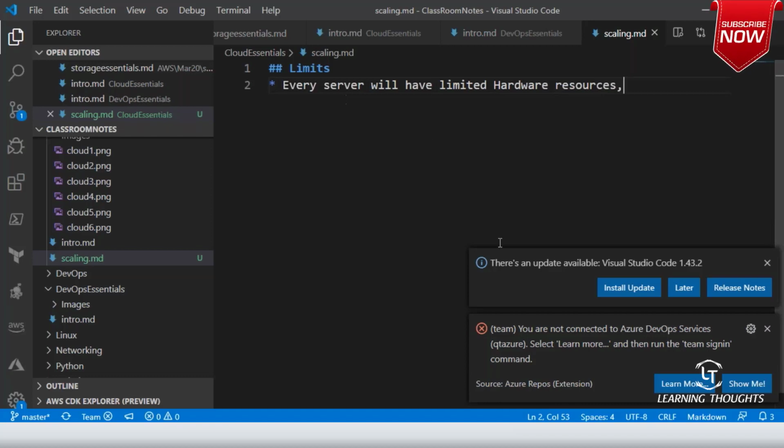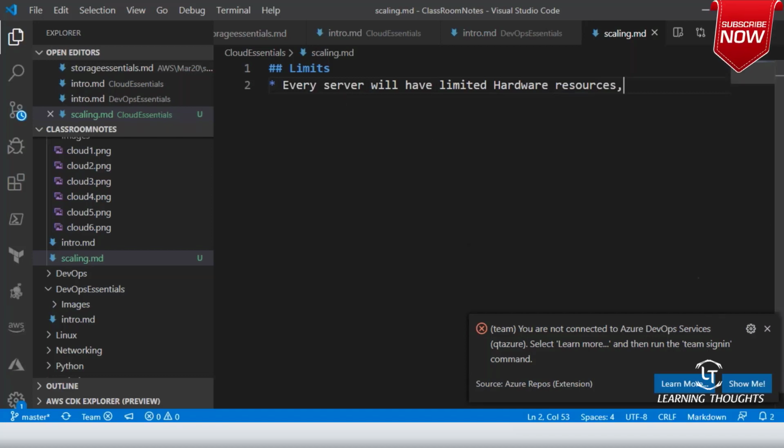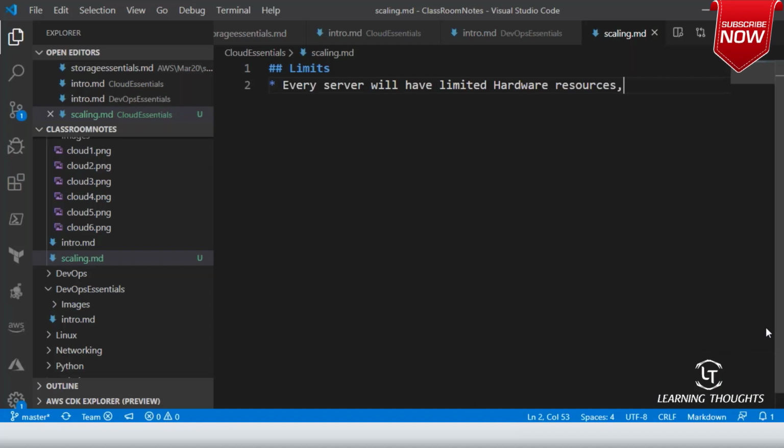Yes or no? So you might call it as 32 GB of RAM or 64 GB of RAM, but that is limited. So every machine will have limited amount of hardware resources, and these resources can cater only to a certain limit.